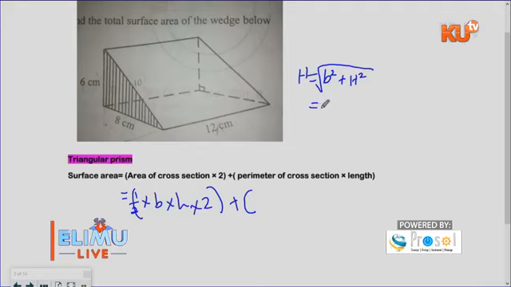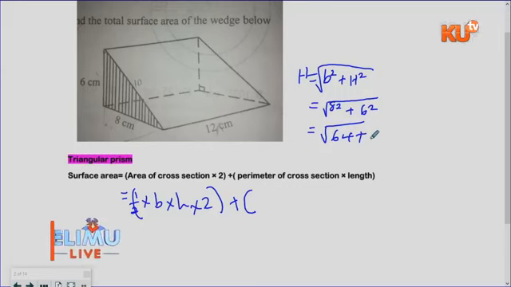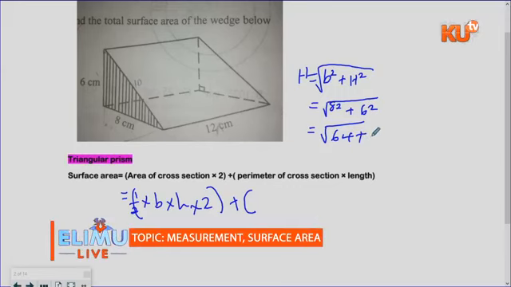So our base is 8. Remember that I've written 10 there. It was not there, so we need to find the hypotenuse. So this is 8 squared plus height squared, which is 6 squared, and then we find the square root. 8 squared is 64. 6 squared is 36.